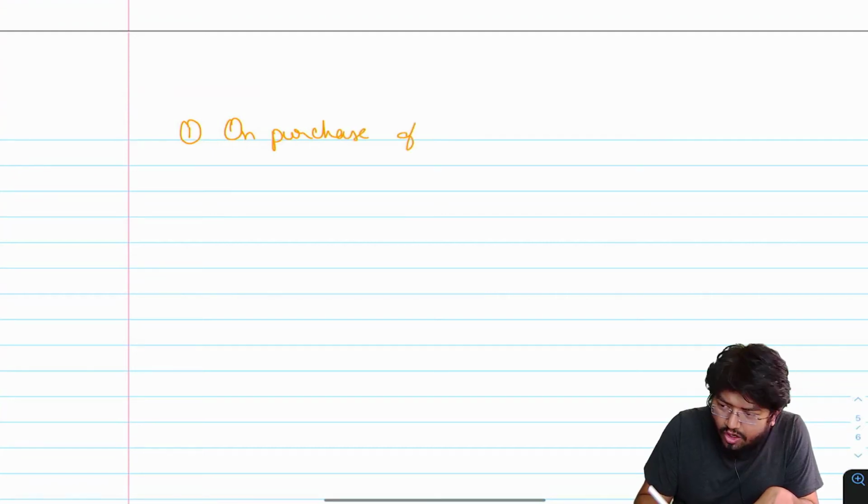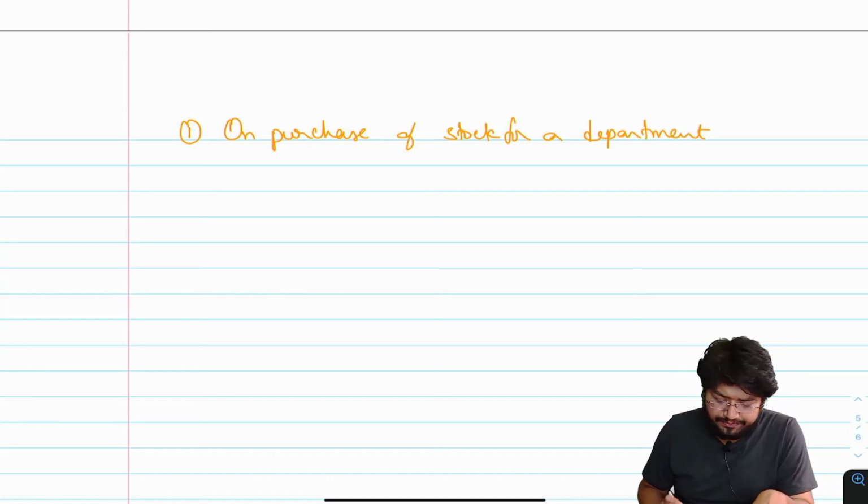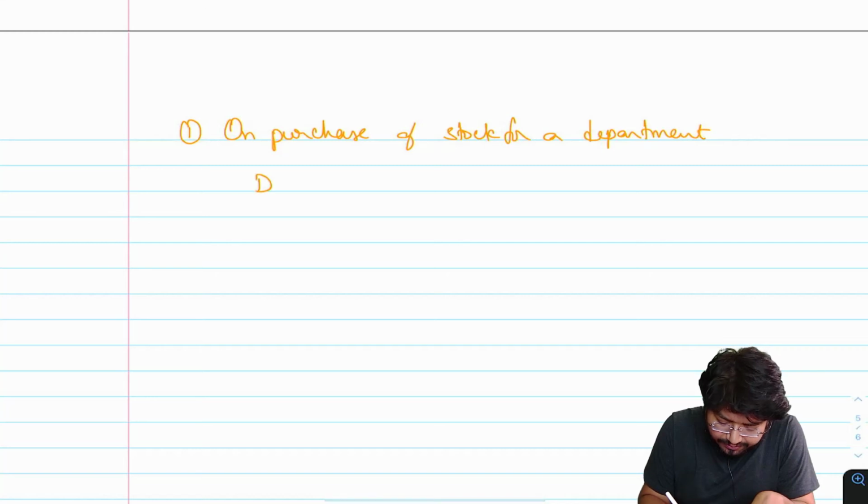Now say I have purchased stock for a department. What would I write? Your department stock would be debited.